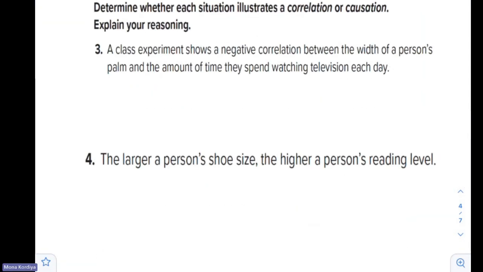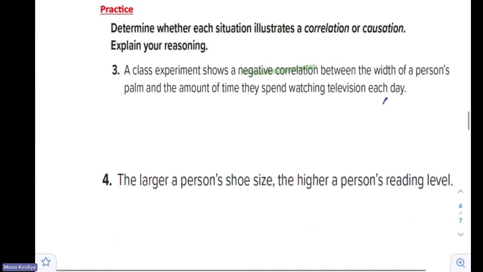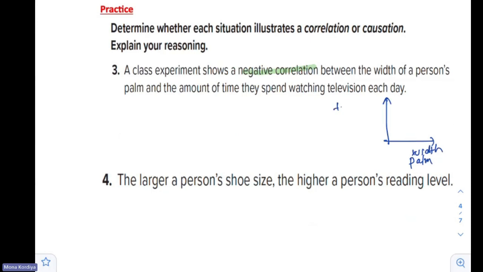And we have now situations without a table, and you also need to illustrate whether it's correlation or causation. A class experiment shows a negative correlation between the width of the person's palm and the amount of time spent watching TV. So it's the relation between the width of the palm and the time watching TV per day.